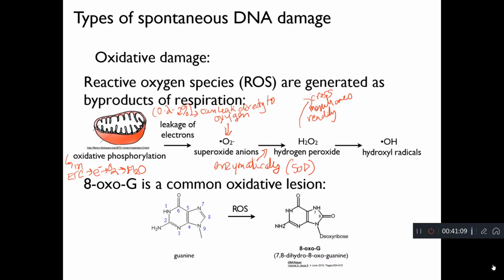Hydrogen peroxide in turn can be fully reduced to water, or it can be partially reduced to produce hydroxyl radicals.